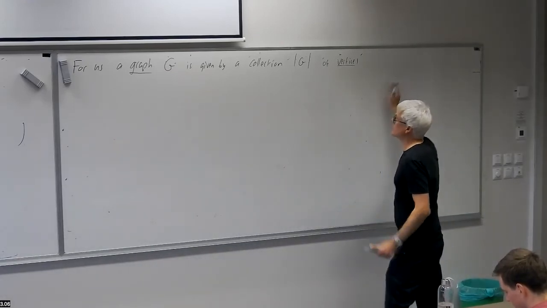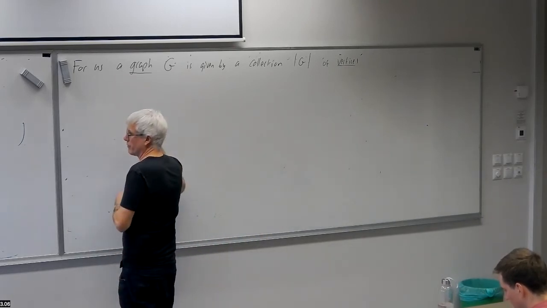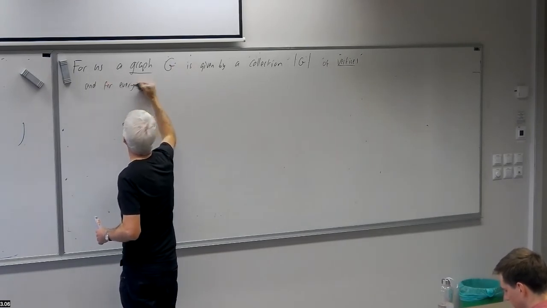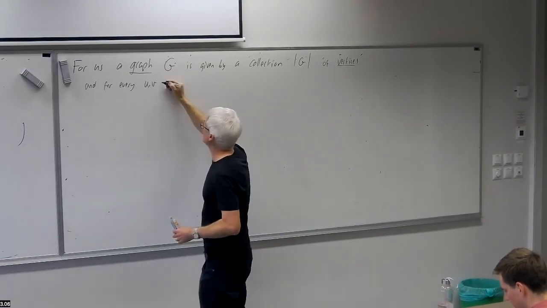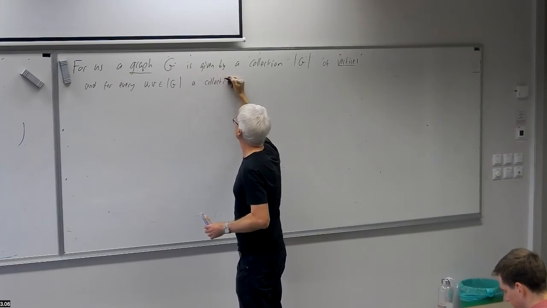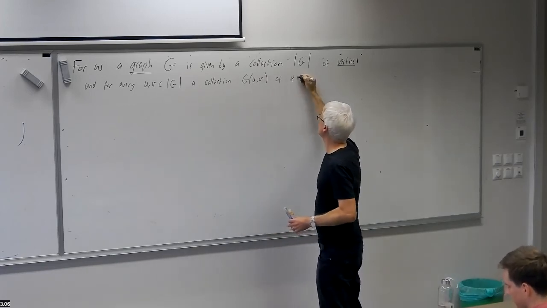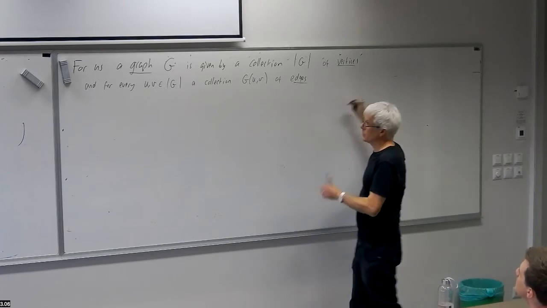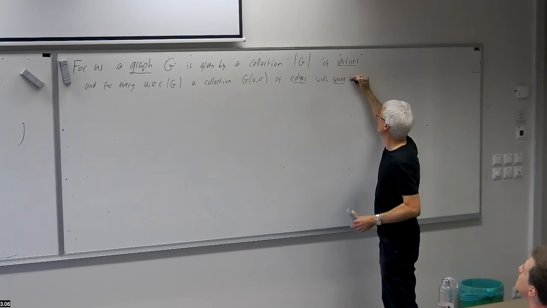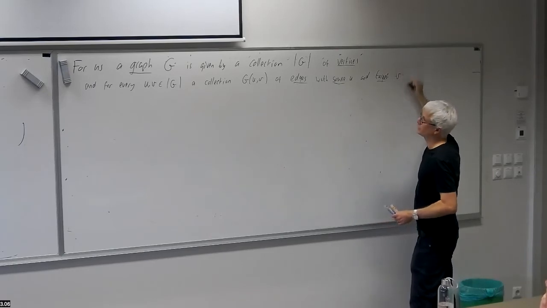So a collection of vertices, and for any pair of vertices, a collection of edges directed from the first vertex to the second. And for every little u, v vertices in G, a collection G sub uv of edges from u to v, or using graph theoretic terminology, with source u and target v.